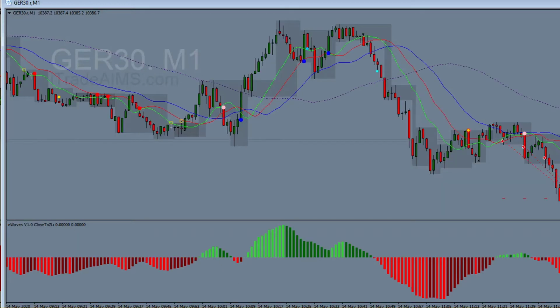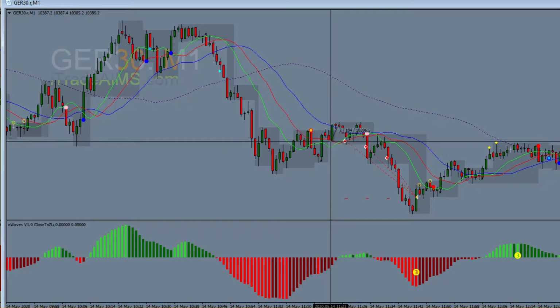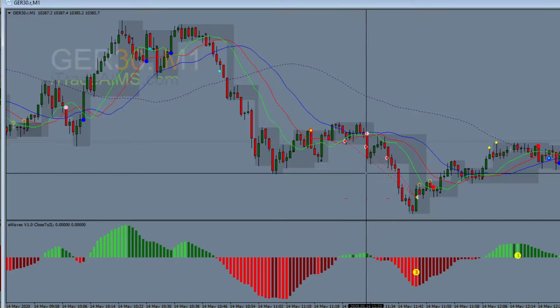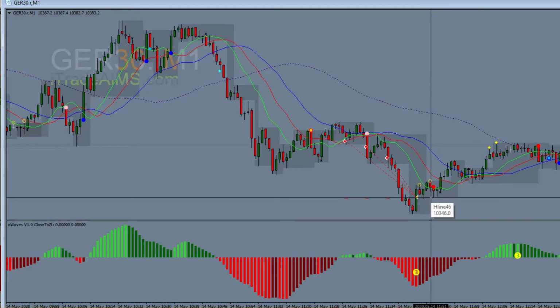Drag and drop. That's the third entry. So that was the first entry around here. Stop loss was there. And the second entry, beautiful. So even if you took one, either this one or this one, or at the low of this box, fine, you're good. And trail was activated.